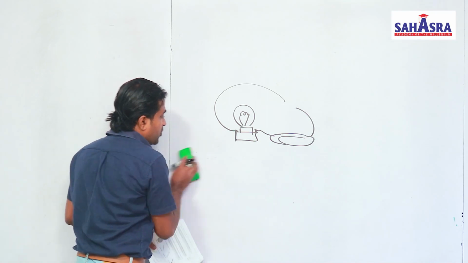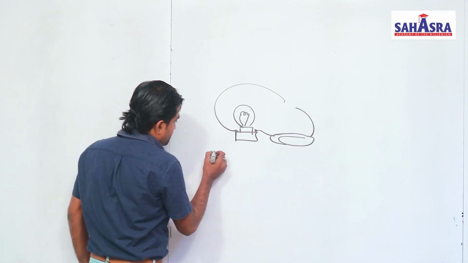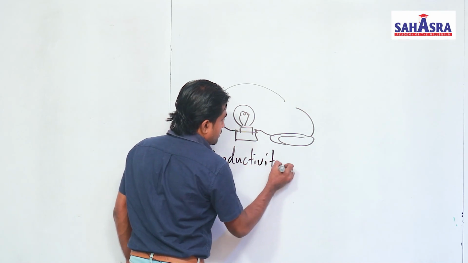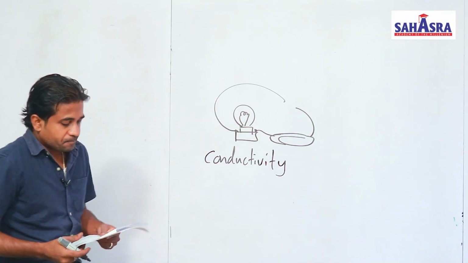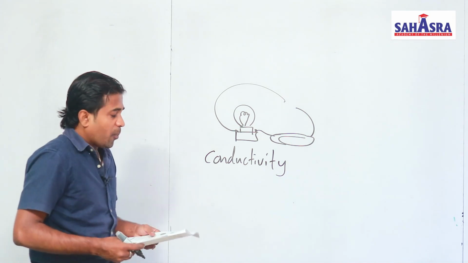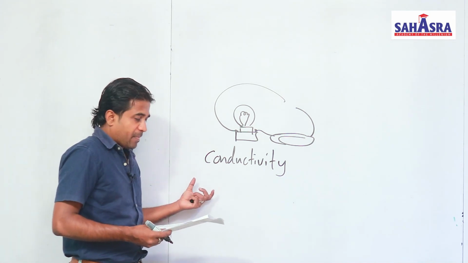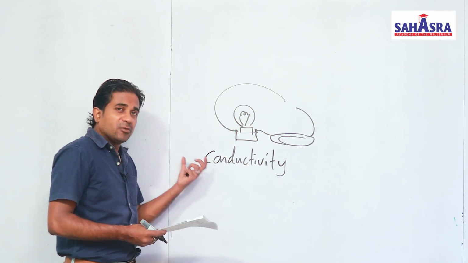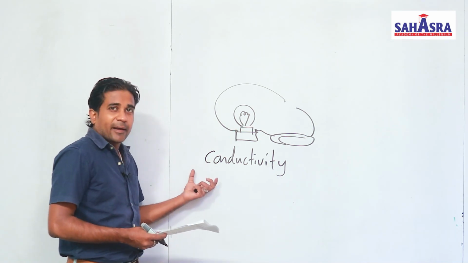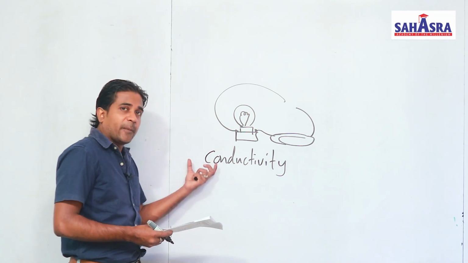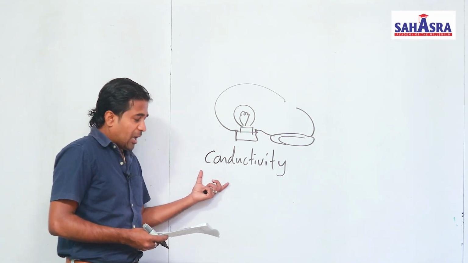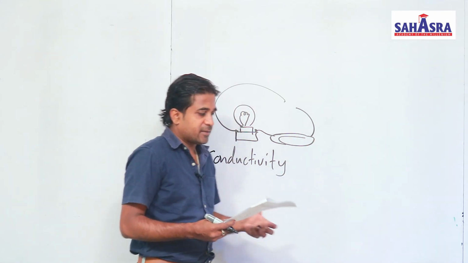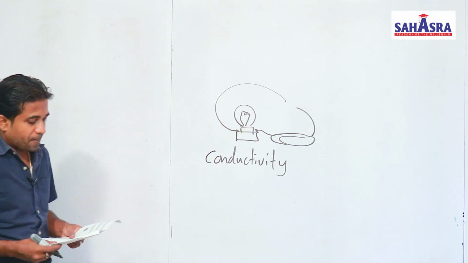So the property would be conductivity. Keep that in your mind very well. The materials which allow the current to pass we call conductors, and that property is conductivity. If it is not allowed to pass the current, we call them insulators. I hope everyone understands.